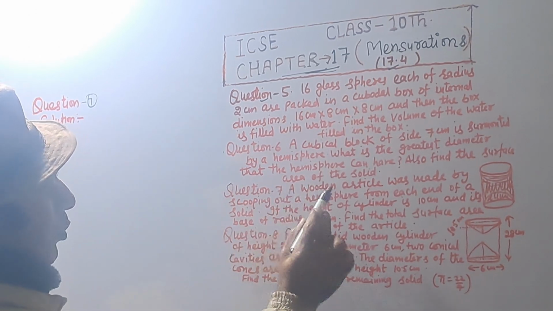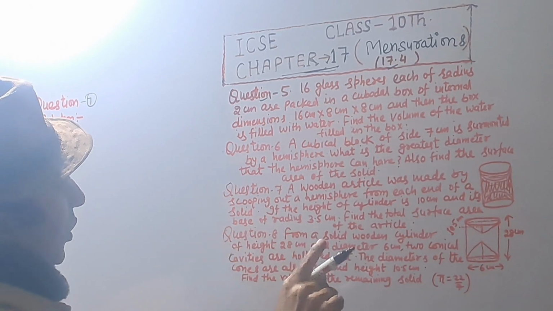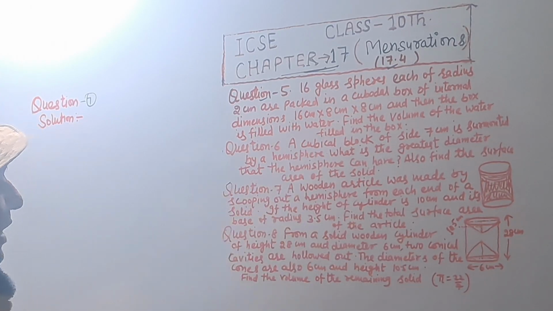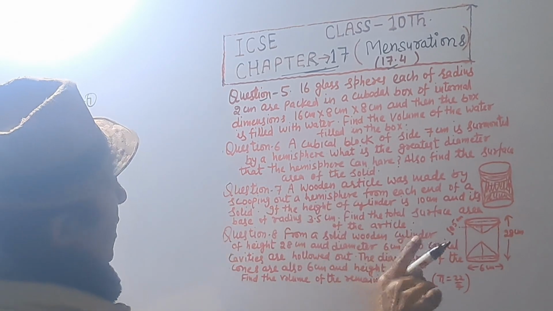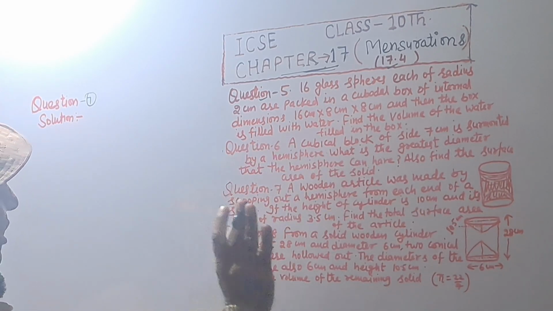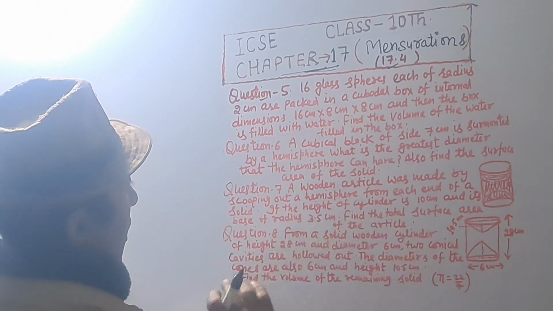Question number 7. A wooden article was made by scooping out a hemisphere from each end of a solid cylinder. If the height of cylinder is 10 centimeter and its base radius is 3.5 centimeter, find the total surface area of the article.